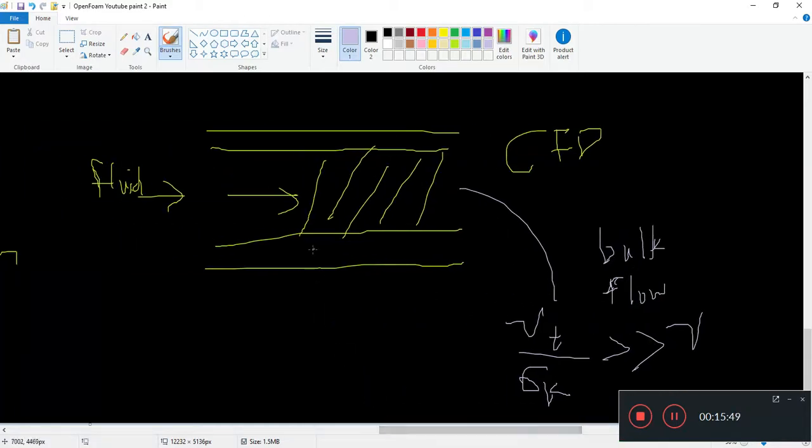However, when you come to the boundary layer region, very close to the wall, if you have a velocity profile, it should be something like that. I'm not drawing it too right, but you get the main idea. Near the wall, normally we use the log law of the wall.